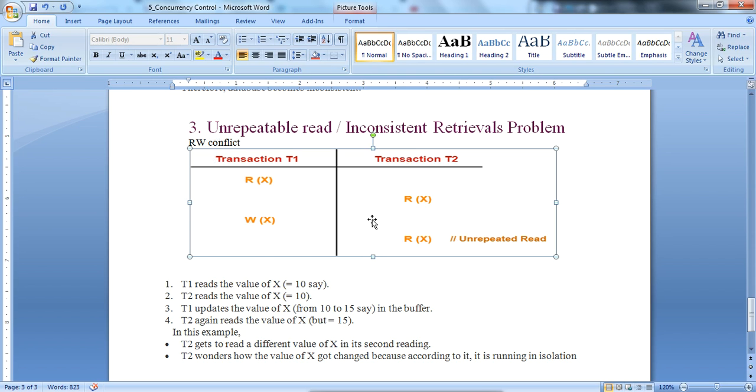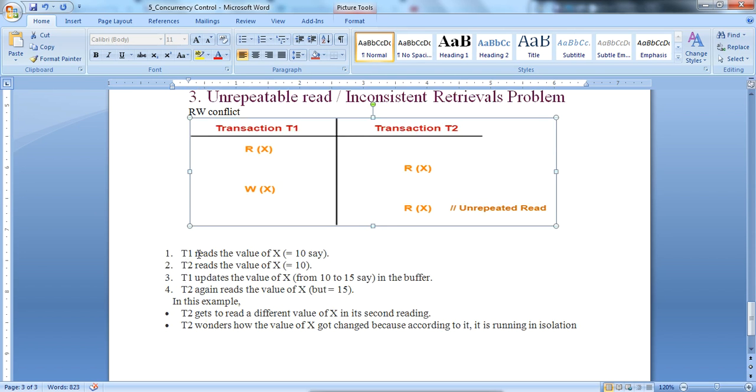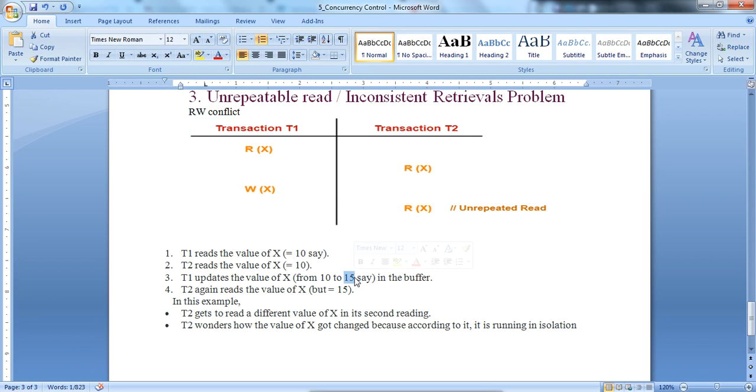Now what exactly is the problem? T1 reads the value of x as 10. T2 also reads the value of x as 10. Now T1 updates the value of x to 15, right? Now T2 reads the value of x again as 15, and this is the unrepeatable read, because initially T2 read the value of x as 10 and again it reads 15.